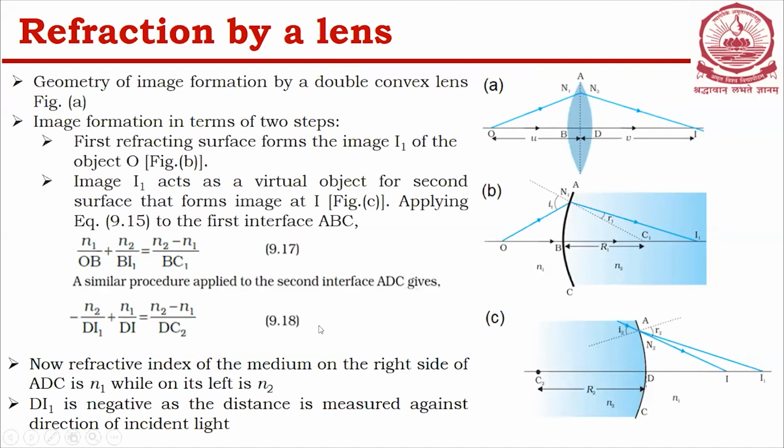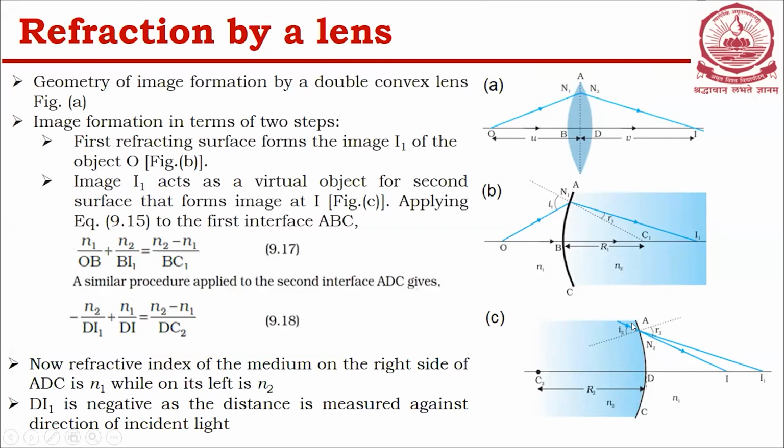Now my job is simple. You can see that in the first case the light goes from rarer to denser, and in the second case it goes from denser to rarer. Also, the image point I1 formed by the first refracting surface will be the object for the second refracting surface.